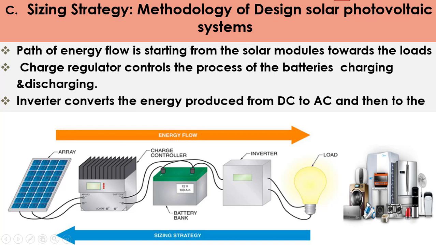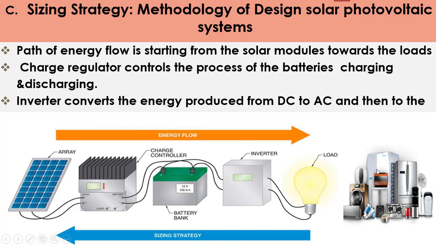start from the evaluation of the appliances in the home, and we take into consideration every appliance and the number of appliances, the wattage or the power of every appliance, and the hours of operation during the day.